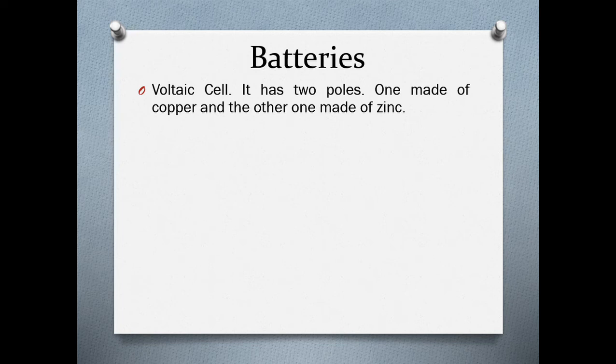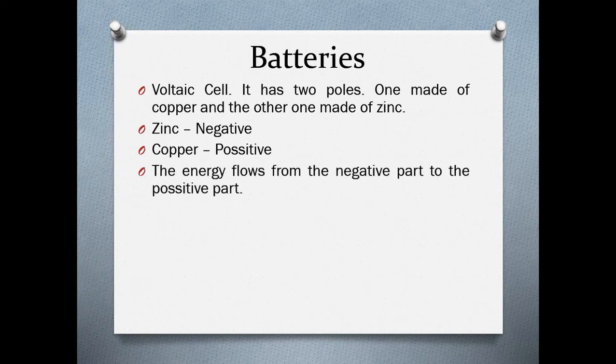Or if you are careful enough when observing a battery, you can notice that they have a positive pole and also a negative pole. The part that is made out of zinc will have the negative charge, and the one that is made out of copper will have the positive charge.